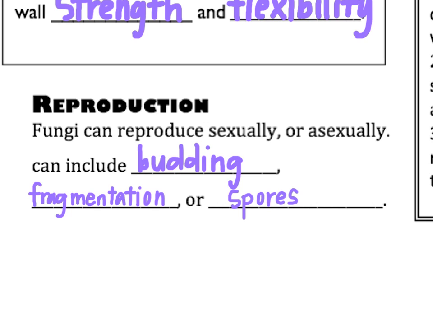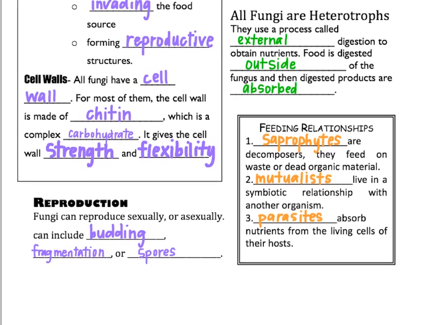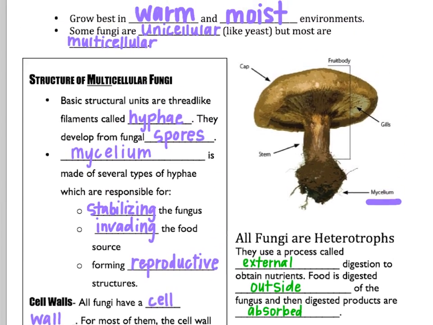There's fragmentation, where you can break off a piece of a fungus and it'll continue to grow. Or they can reproduce by spores, which is the way that mold reproduces. If you think about bread mold, it sends up these little spores, and that causes it to spread to other parts of the decomposing material. So that's the kingdom fungi in a nutshell.